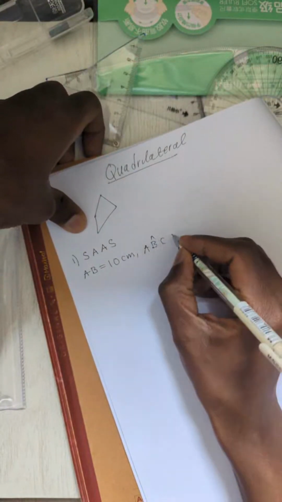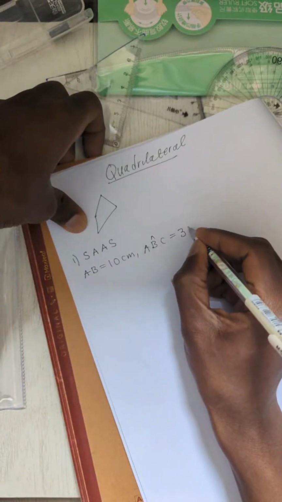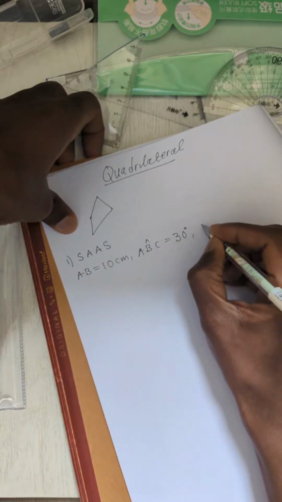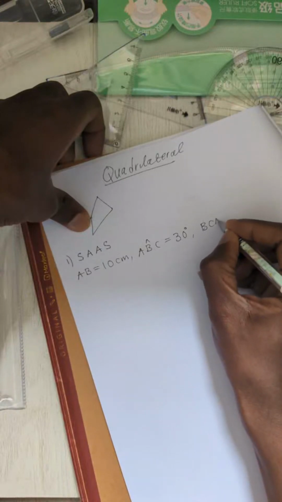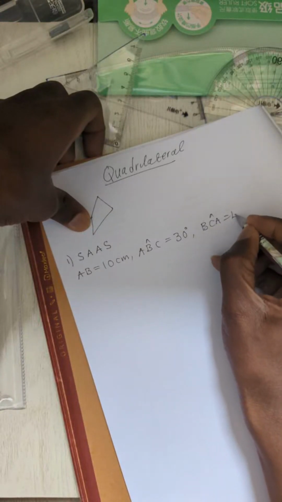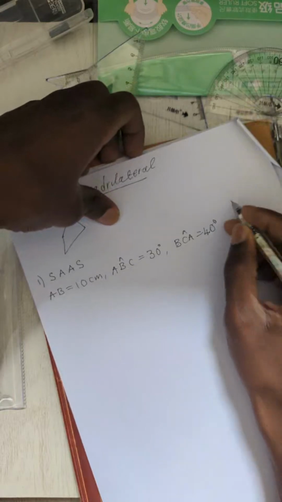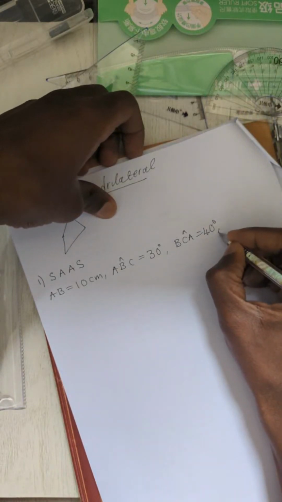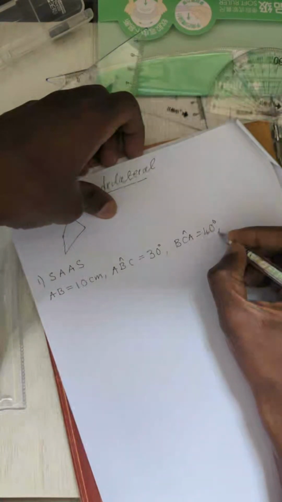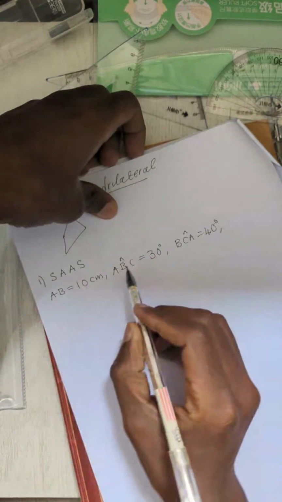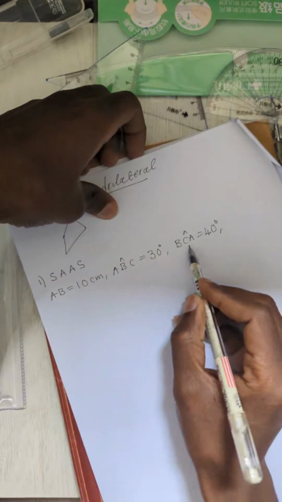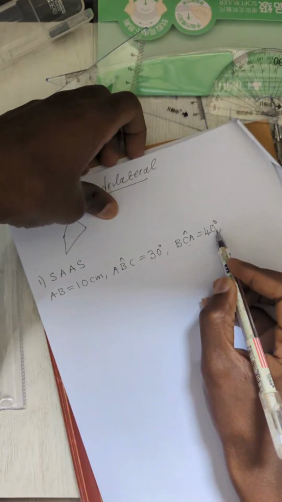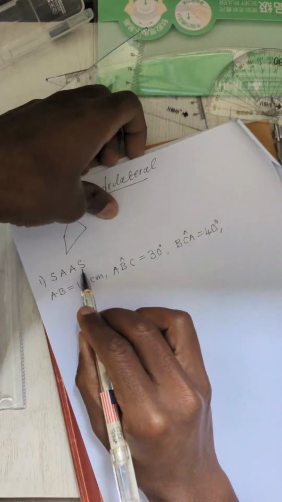ABC is 30 degrees, BCA is 40 degrees. It means AB 10 centimeters, ABC 30 degrees, BCA 40 degrees, and then side, angle, side.